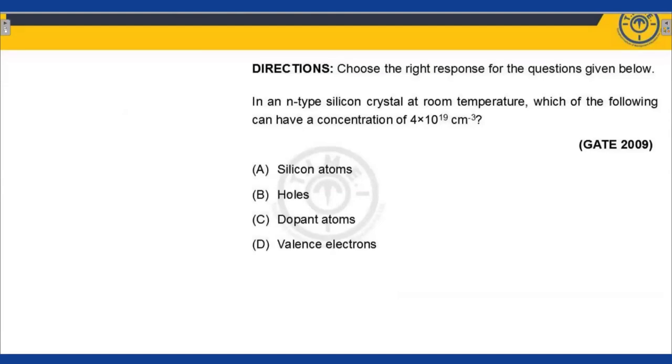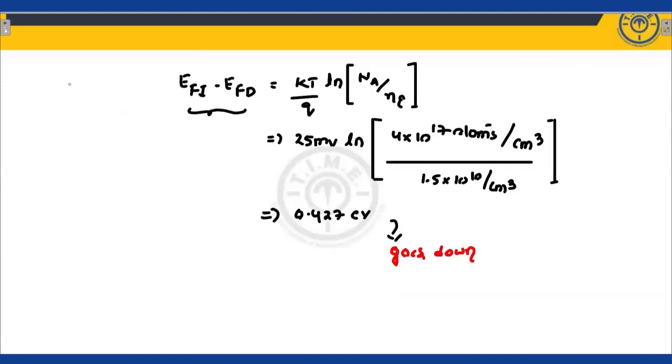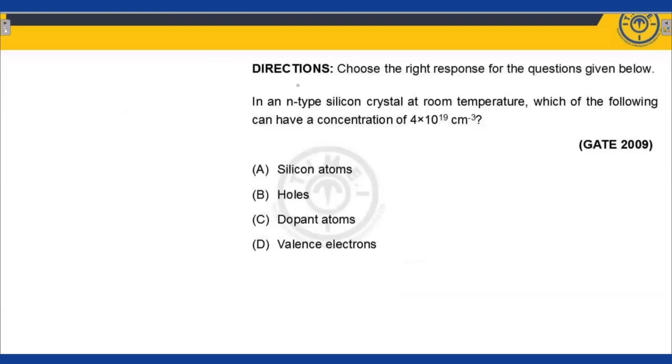Question number 13. 12 is finished. Now question number 13. So in this particular question, the very important thing is, see, in an N-type silicon crystal at room temperature, which of the following has a concentration of 4 into 10 power 19 per centimeter cube?